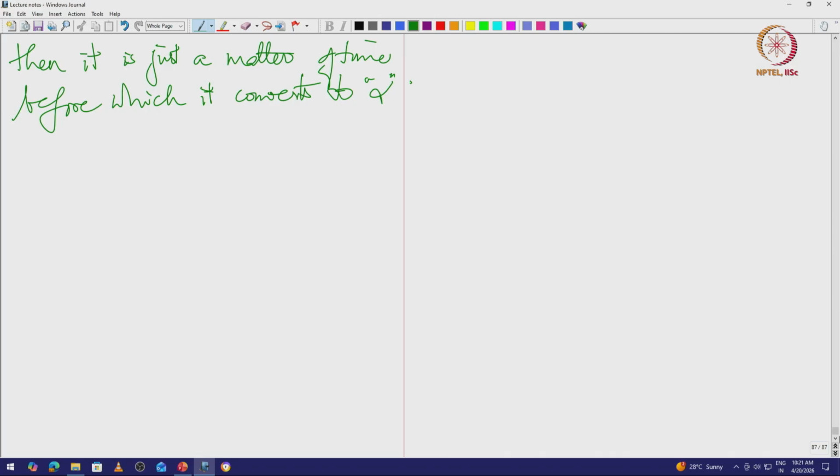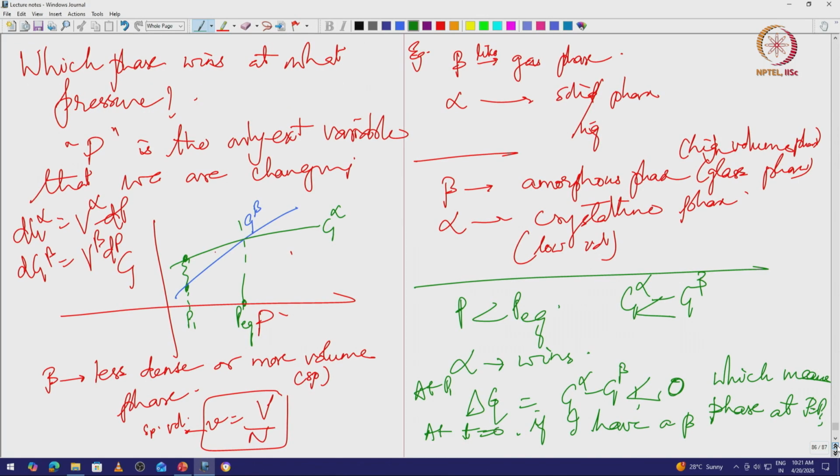Sorry, maybe the other way around. Sorry, beta is less, right. So, I am sorry, I wrote this wrong. Beta wins, beta is the low volume phase, beta wins. So, G beta is less than G alpha, G beta minus G alpha is less than 0, which means if I have an alpha phase, right.